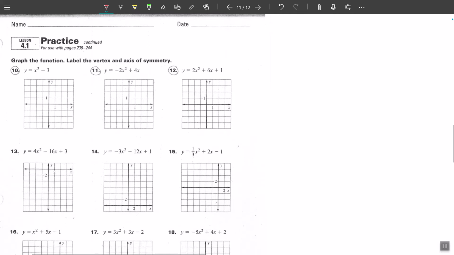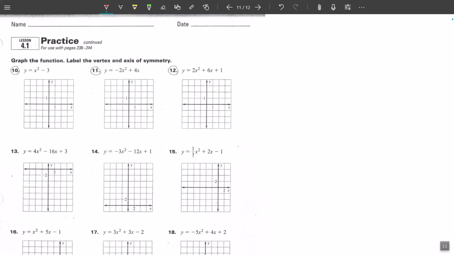All right, coming down to 10, 11, and 12, we're going to graph the function, label the vertex, and that axis of symmetry. So starting with number 10, we can see that we don't have a B value recorded. We don't have a bx.